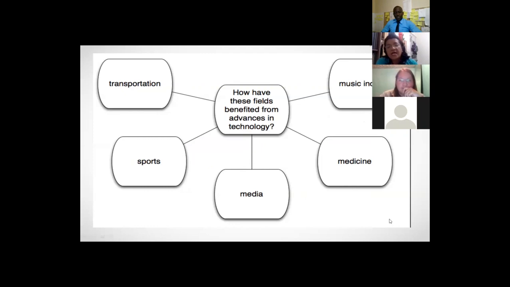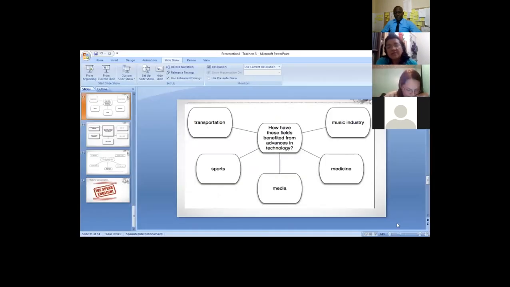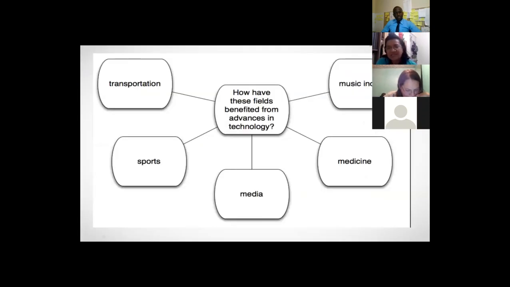And about medicine, it is an area that has got a lot of benefits. As we know, scientists have tried even to make or to create another human through cloning and that kind of things.